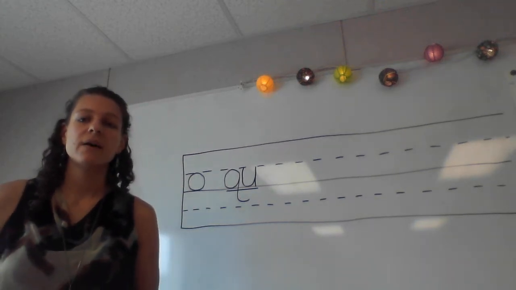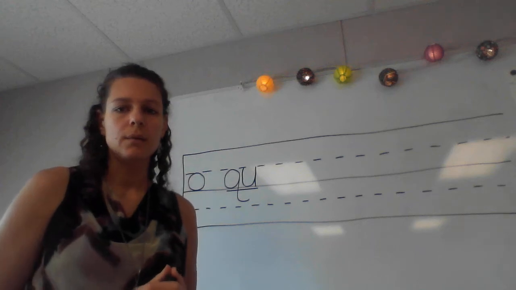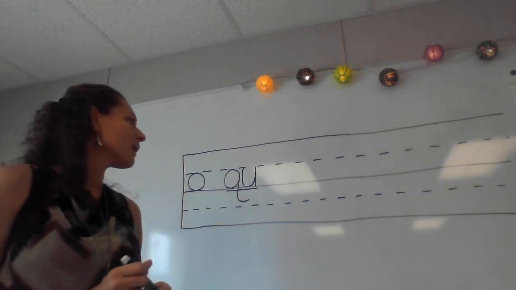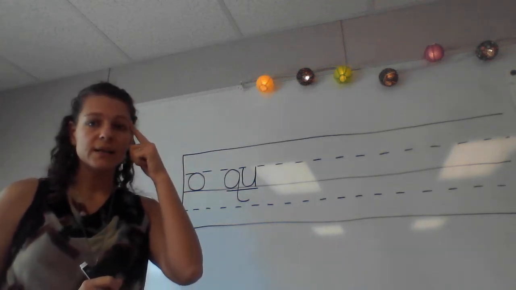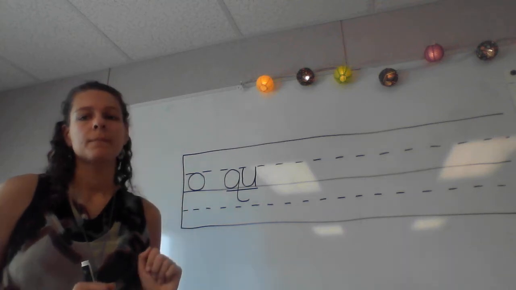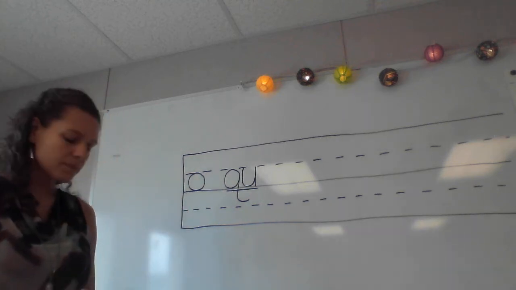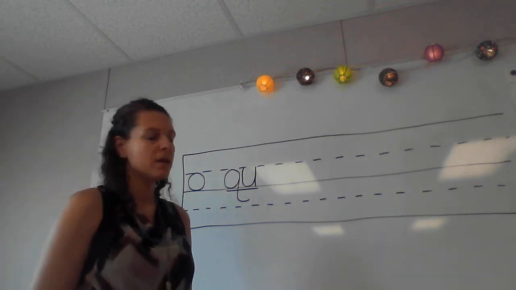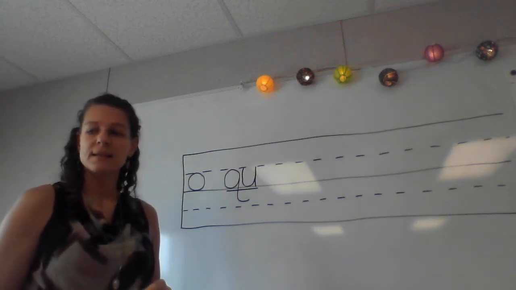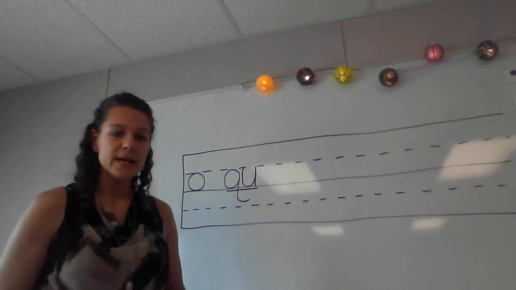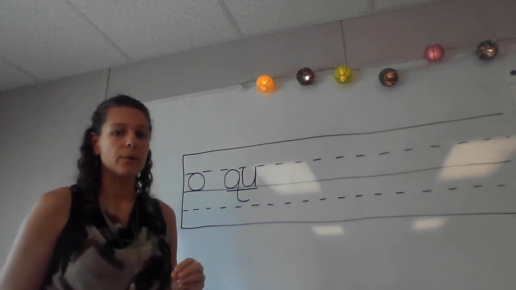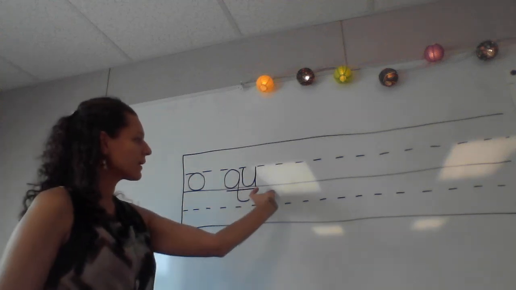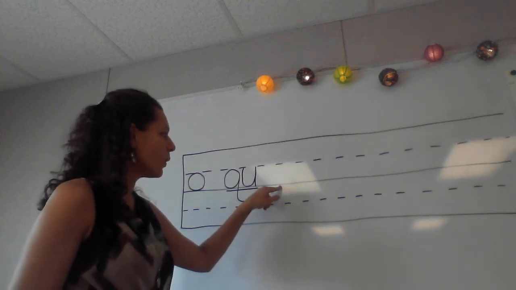All right, our next phonogram is b. Remember the starting spot for b. All right, class, look at your paper. What did you just write? Good, b. And remember we're going to leave a clock space after our qua.